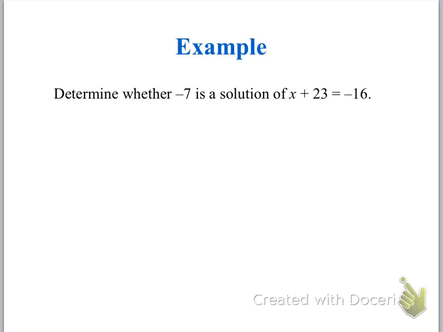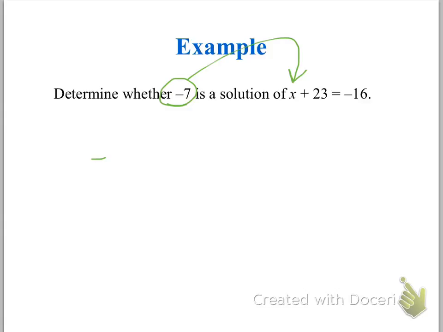Alright. Final thing I want to mention, determining whether something is a solution. In order for something to be a solution, it needs to successfully fill in the equation via a true statement. So we're determining whether negative 7 is a solution for x, for this equation.